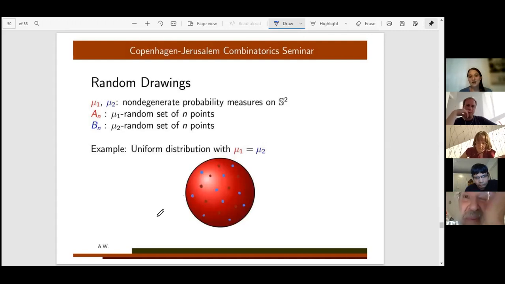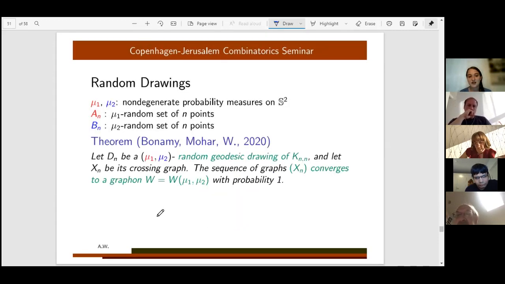What we do again, we have these randomly sampled points and we connect them. Here we have two classes. So we're going to look at the complete bipartite graph between the red and the blue points. Then what we could show is that for these types of geodesic drawings, if we look at the sequence of the intersection or crossing graph, then it is going to converge to a graphon, actually with probability 1.